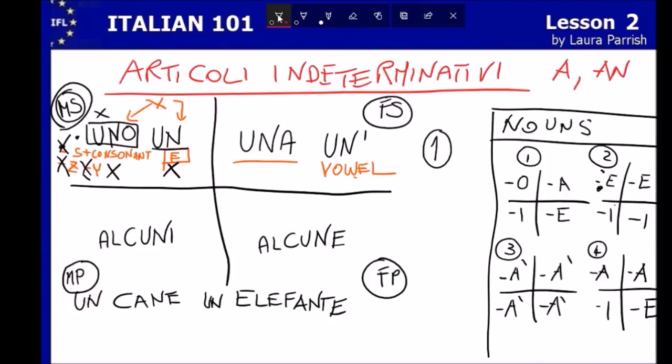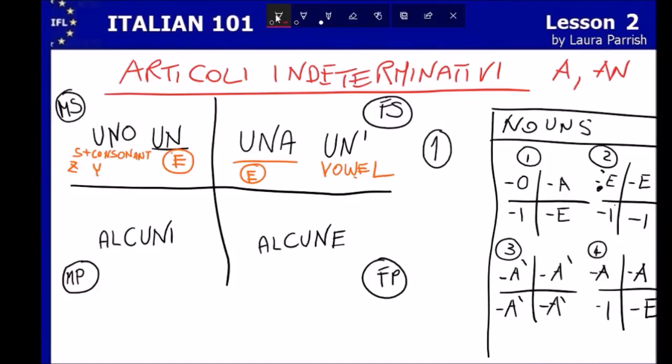So let's go with amica. Amica means girlfriend, friend of feminine, girlfriend. Okay, so ending in A, we know we have to go here where there is feminine singular. So let's start with this one.